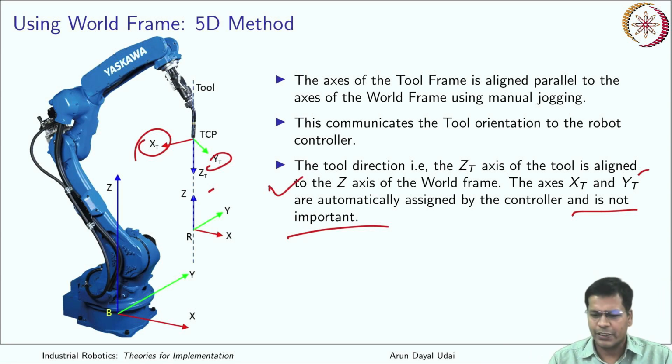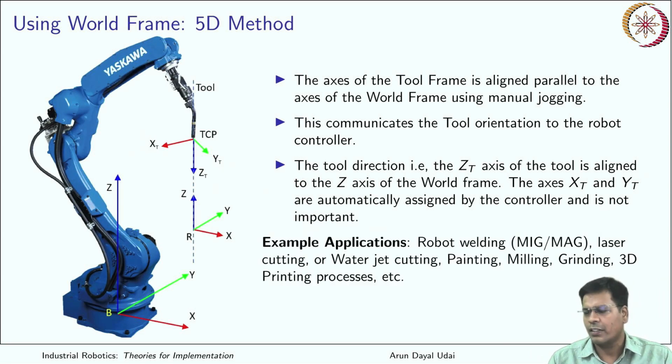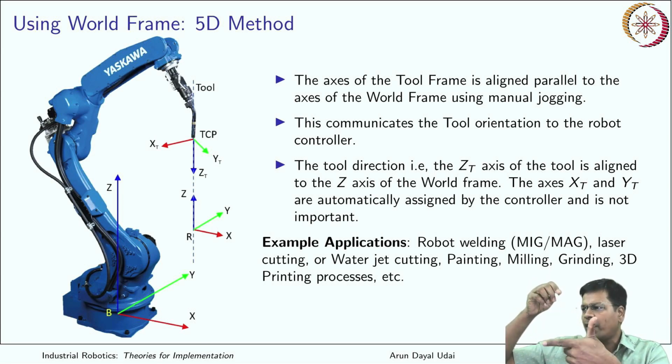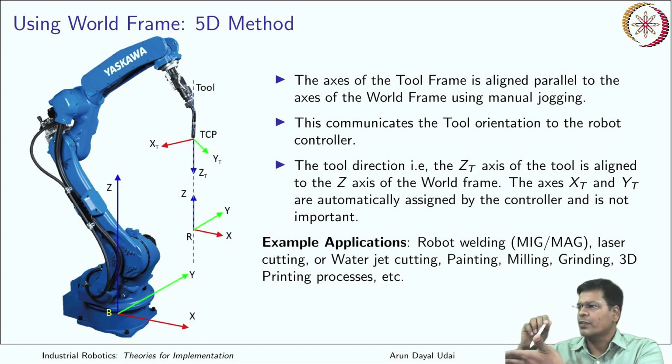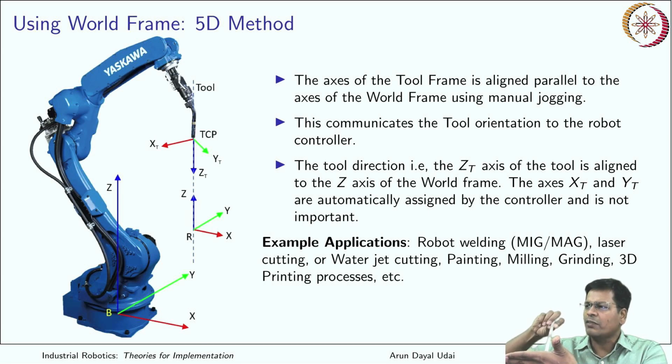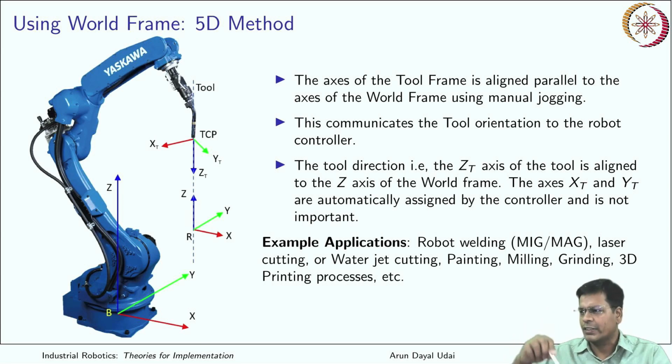There are many applications which use that particular kind of calibration. Few of them are welding operations. Welding can be done just by reaching a point. You can just reach there and do it. It is irrelevant if you rotate along the axis. So whatever the rotation of the tool axis is, it is not very relevant here. However you align, it is all the same.